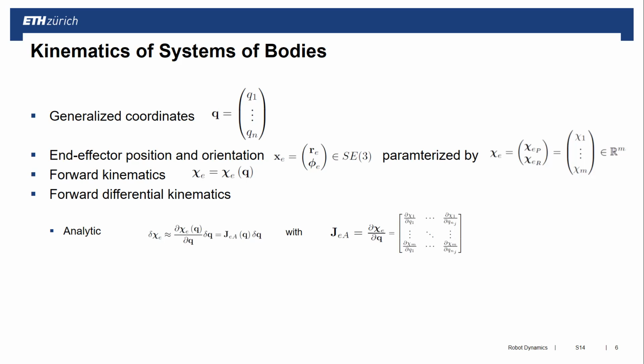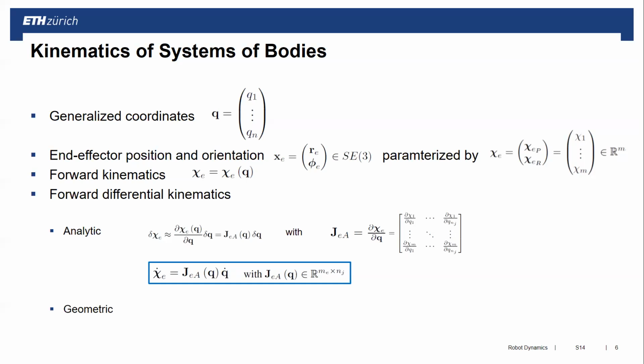And this was the analytical Jacobian. So the analytical Jacobian is the partial derivative of my end effector, my Chi, with respect to my joint Q. So we have Chi dot equals the analytical Jacobian times Q dot.